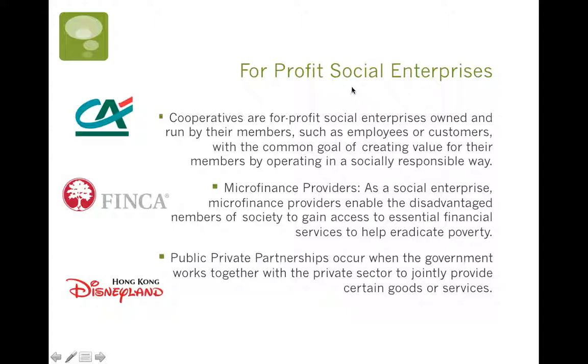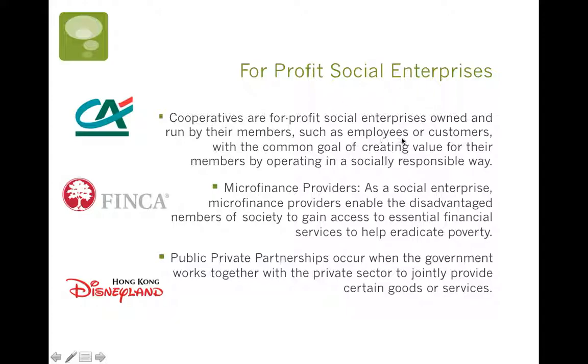There are three types: cooperatives, microfinance providers, and public-private partnerships. So an example of a cooperative is Crédit Agricole, which is a bank in France. These are for-profit, meaning they make profit, but that profit is reinvested into the organisation for the benefit of its members. So cooperatives are run by their members.